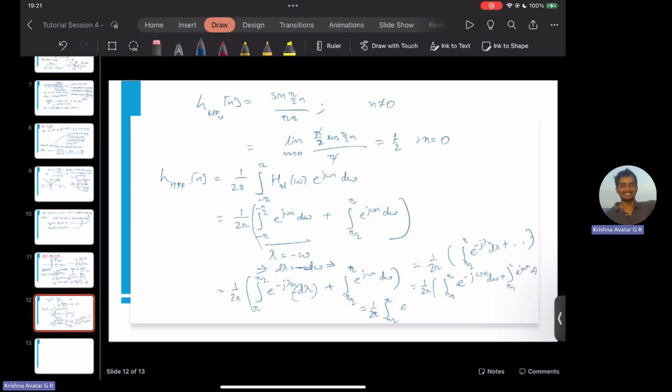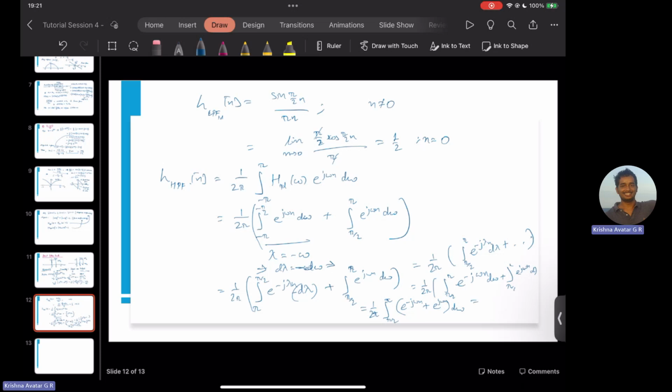And you have e to the power minus j omega n plus e to the power j omega n, divided by 2.